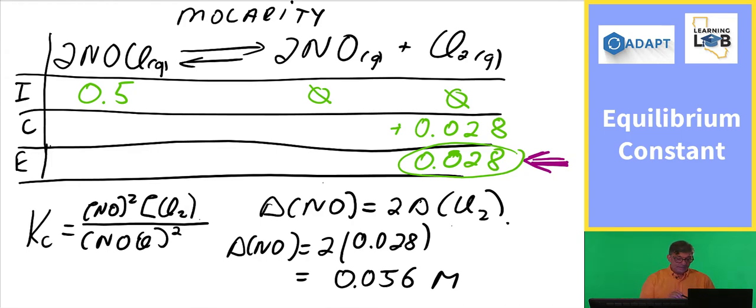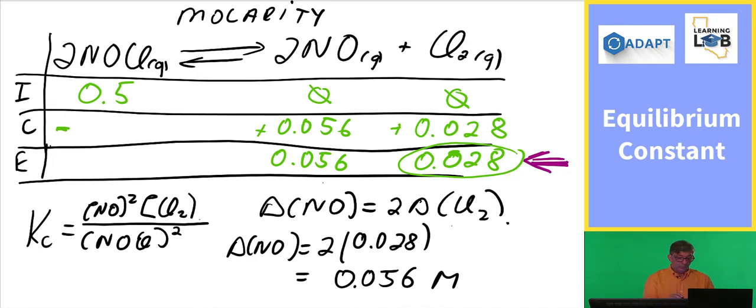So we're going to come back now and place in the change of NO, and it has gone from 0 and increased by 0.056. And then at chemical equilibrium, if we tally the two rows, it'll equal 0.056. Those are the products. All the products are generated from the reactant. And so the reactant in approaching chemical equilibrium has decreased. By what value?